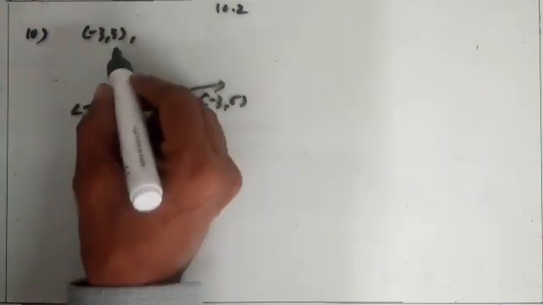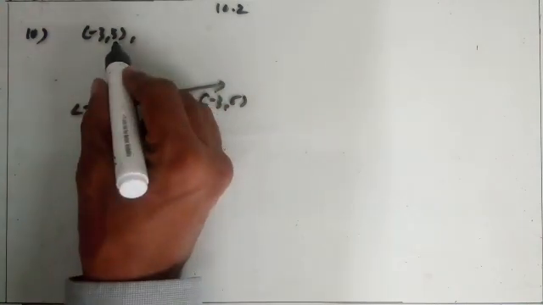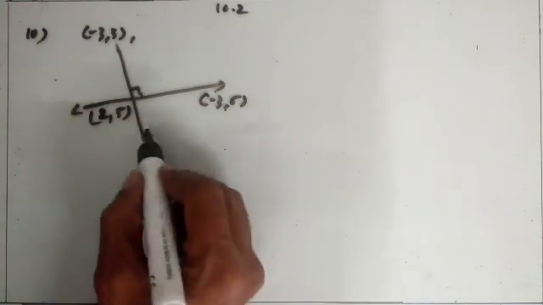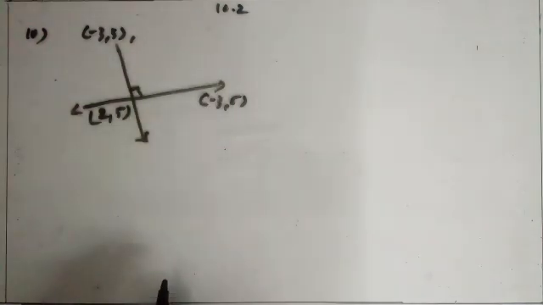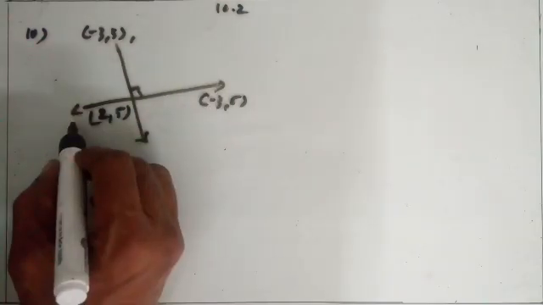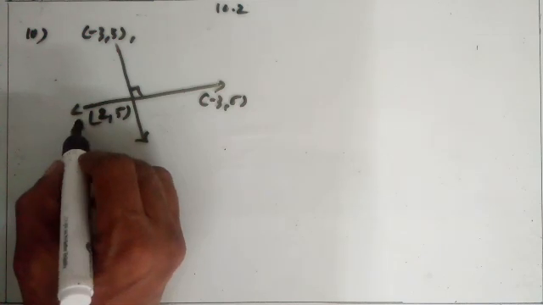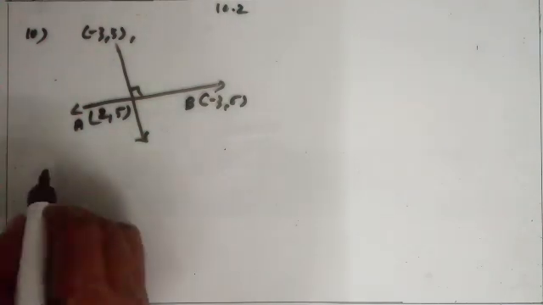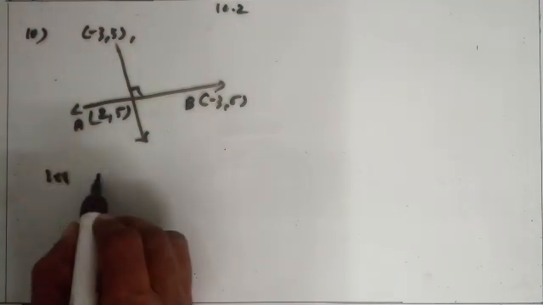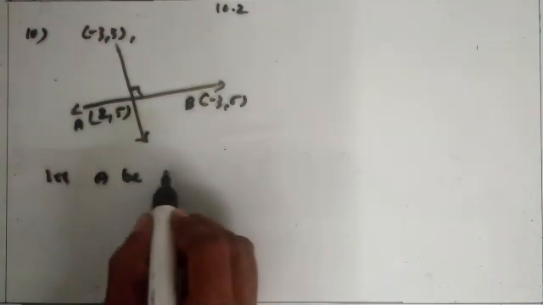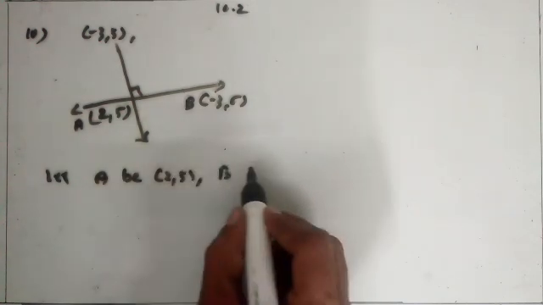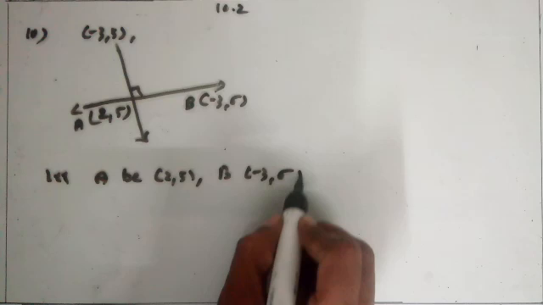Here we want to get the equation of a line passing through (-3, 5) and perpendicular to the given line. Suppose the given points of the line are A and B. Let A be (2, 5) and B (-3, 6).